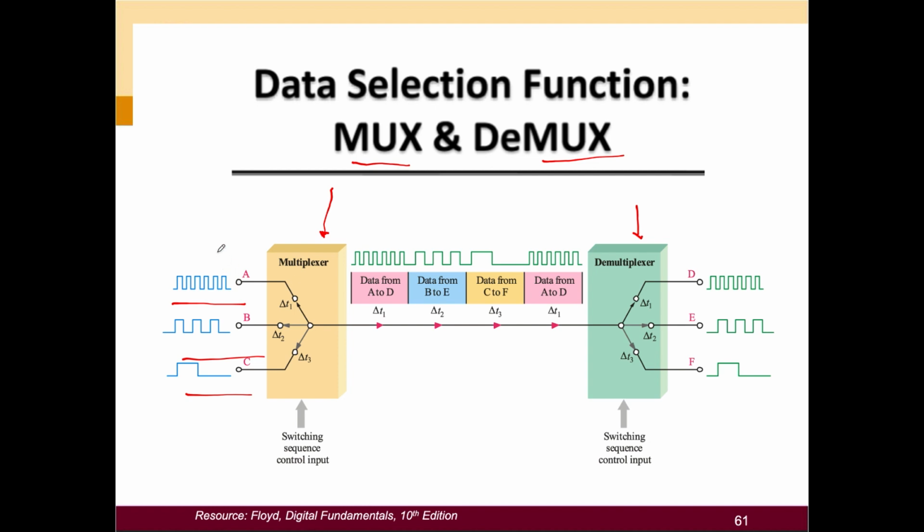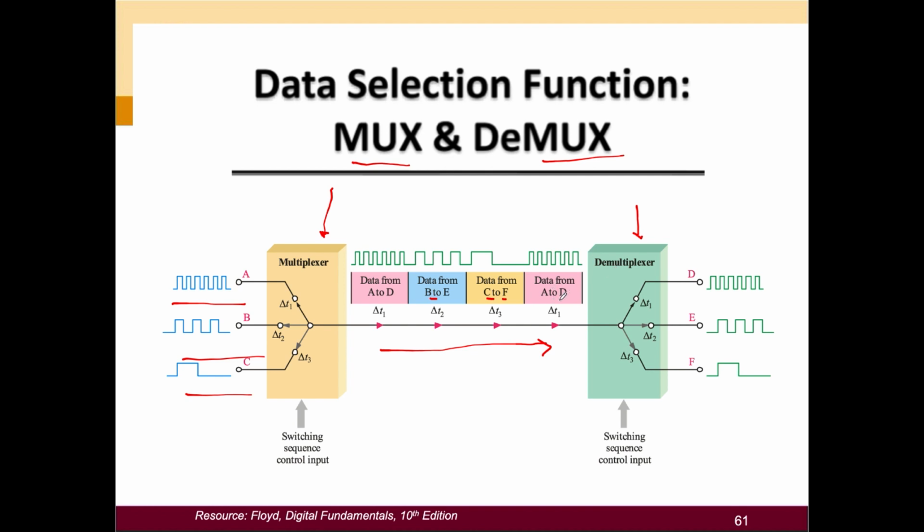All are signals, and you will have the switches sequence control input inside the multiplexer. So data from A to D, data from B to E, data from C to F will move along and be sent to the demultiplexer.